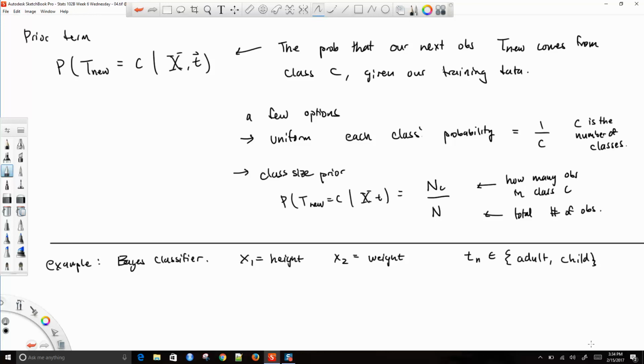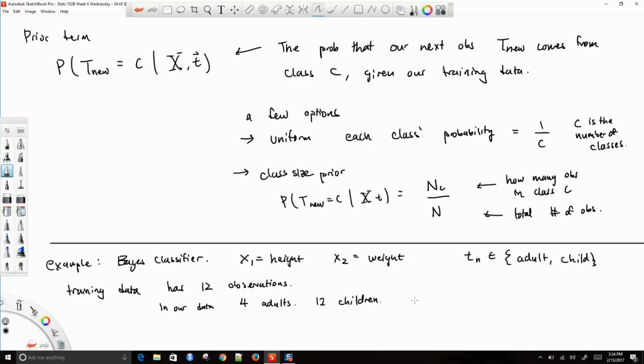So let's say our training data has 12 observations. And let's say in our data we have 4 adults and 12 children.